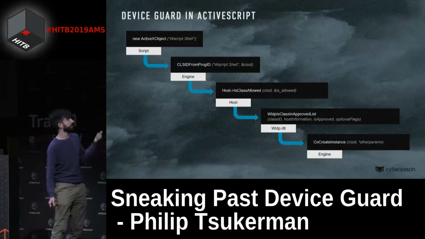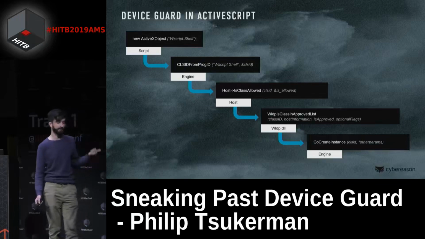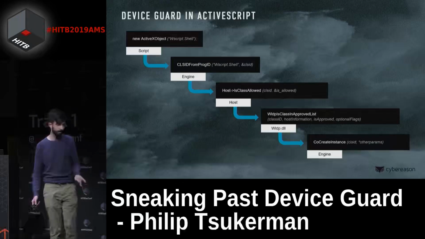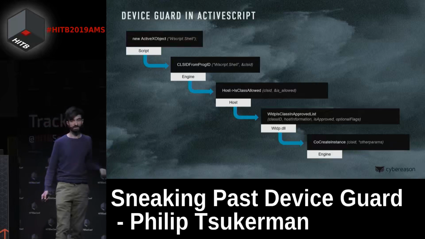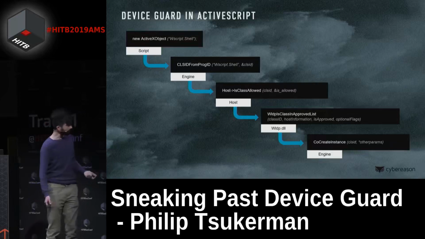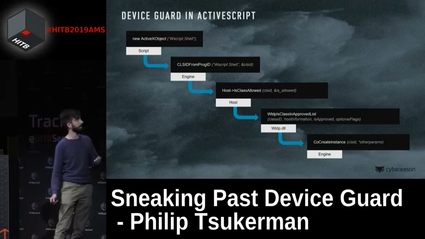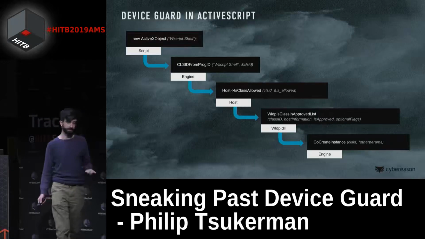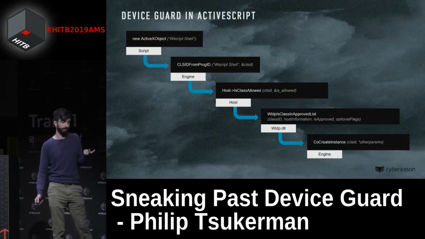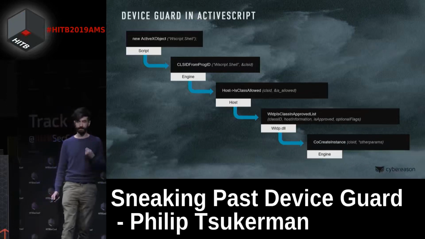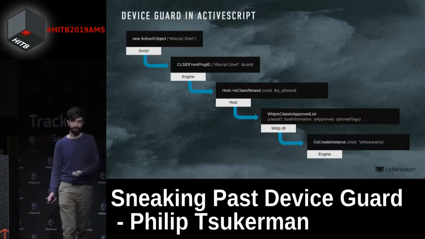The scripting engine tries to translate this friendly ProgID name to a class ID, which is a GUID symbolizing the COM object. Then it calls a function called IsClassAllowed on the host, which checks our newly acquired class ID against a closed, hard-coded list of allowed objects.